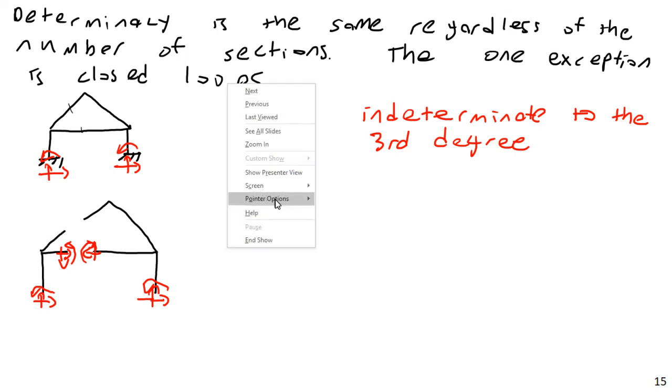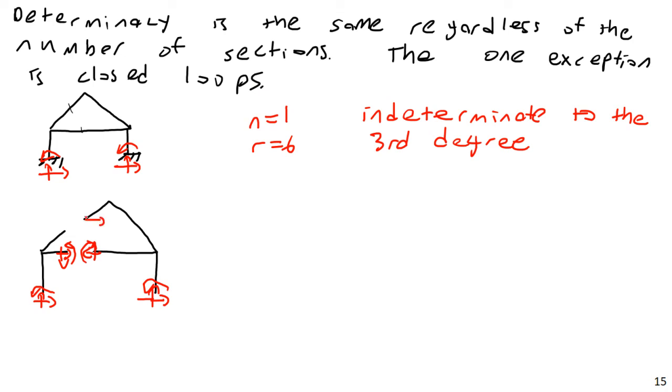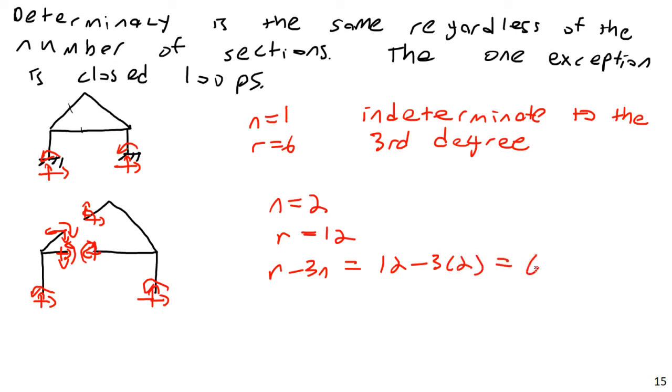So I can show X and Y forces on this one here, something like this, and a moment, and an opposite moment. In this case, my n would be equal to 2, but my r would be equal to 12. And r minus 3n would be 12 minus 3 times 2, equal to 6. This frame is actually indeterminate to the 6th degree.